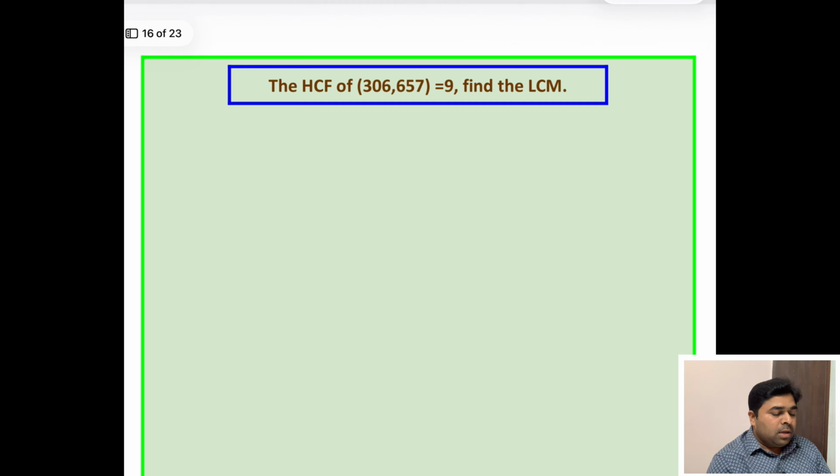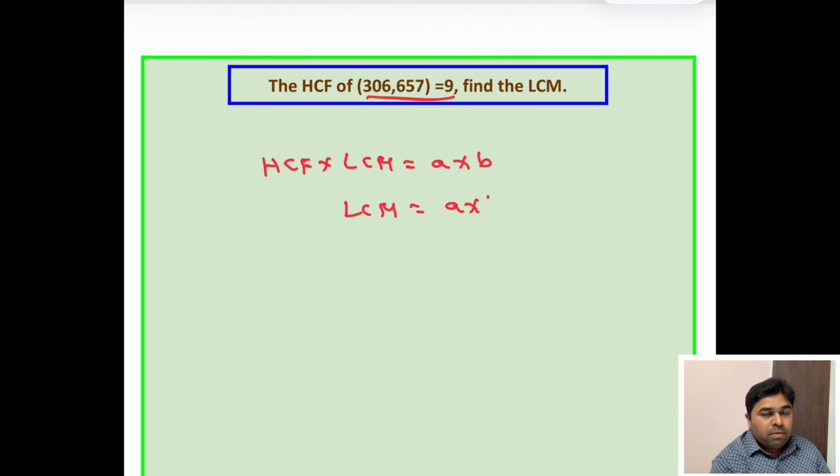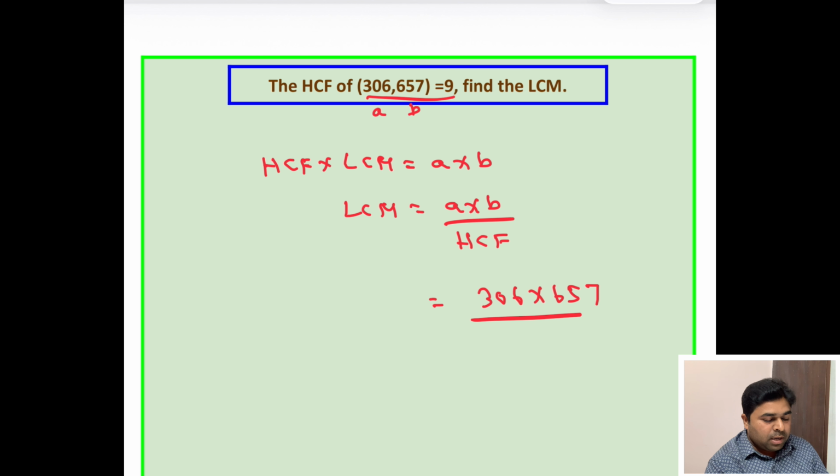Next question. The HCF of 306 and 657 is 9. Find the LCM. Here we will use the relation HCF into LCM equals A into B. We need to find LCM equals A into B divided by HCF. A is 306, B is 657, HCF is 9. 306 into 657 divided by 9.